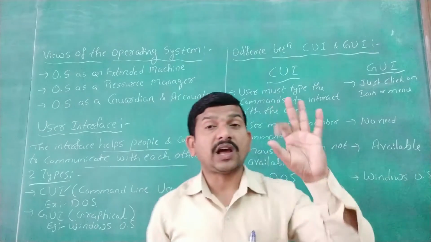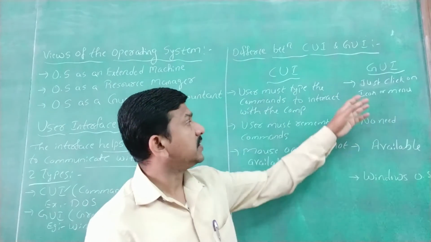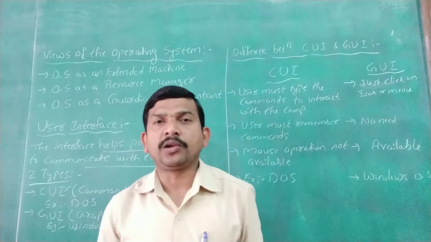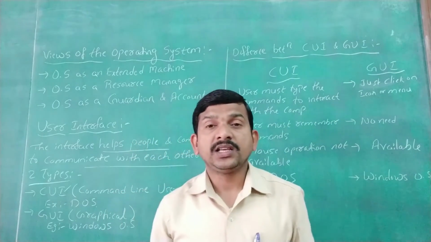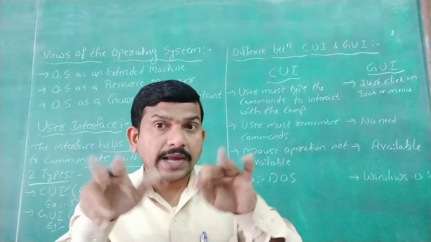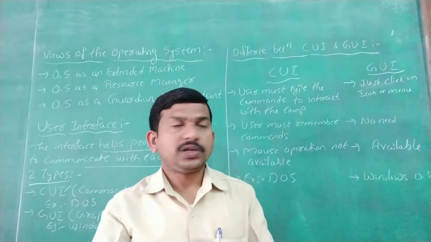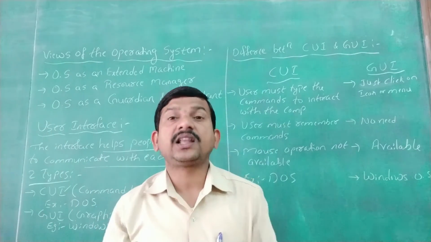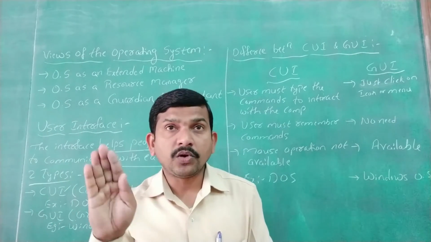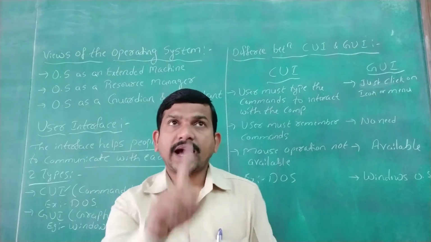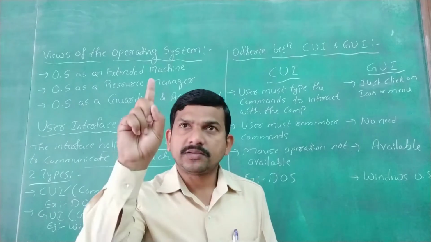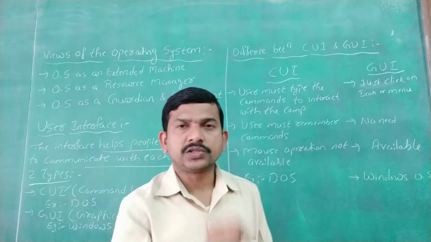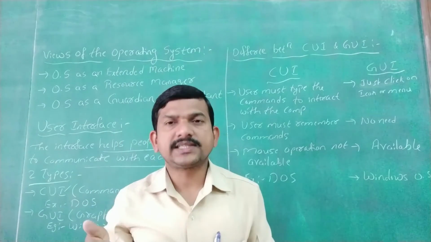But if you are using a graphical user interface, you just click on an icon or menu. Here the user does not need to type commands. In Windows you get designs and graphics. With the help of the mouse I can click on an icon, or some options, some menus, and by clicking he will get some options.